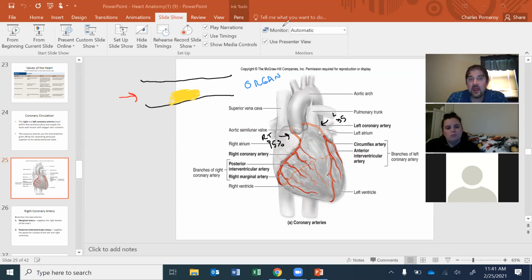And whenever you have a decrease in blood flow to a particular organ, that's called ischemia. It's I-S-C-H. The CH makes a K sound. So you might hear words like ischemic.